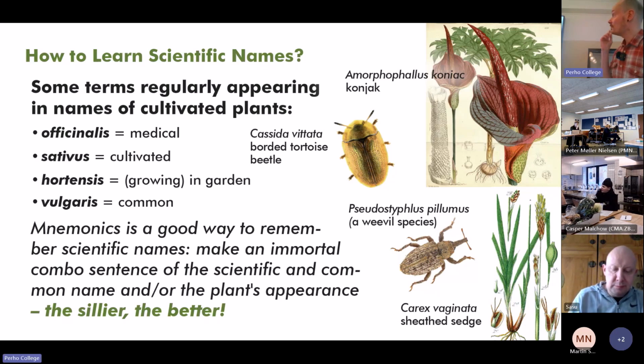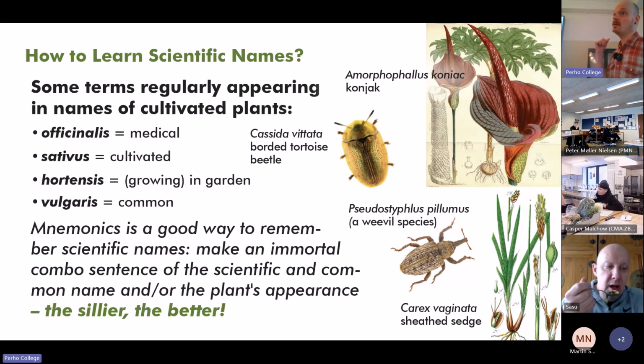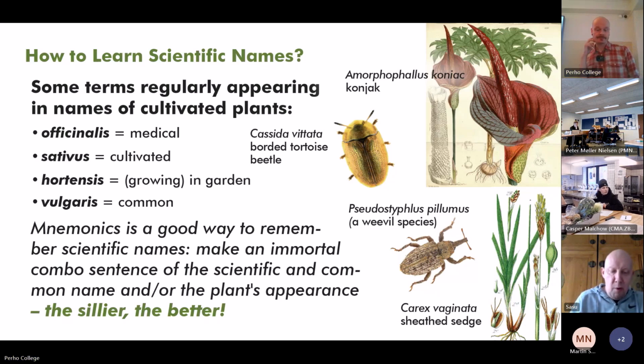And then Cassida vittata, bordered tortoise beetle, might sound a bit funny to you. And also Finnish-speaking people might find this Pseudostyphlus pillumus rather funny. Is it funny? No? Okay, it's a weevil.